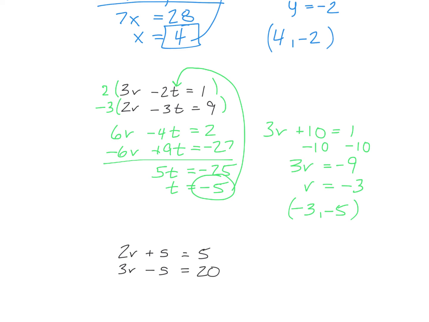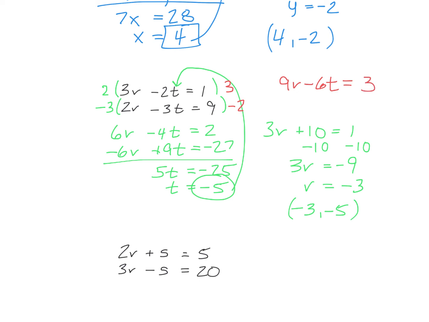Just to show you another example here on this one, since there's multiple ways of doing this, if I want to eliminate the t here, if I multiply the top by 3, that's going to give me a negative 6t. I would need to multiply this bottom by a negative 2. And then I would have 9r minus 6t is equal to 3.